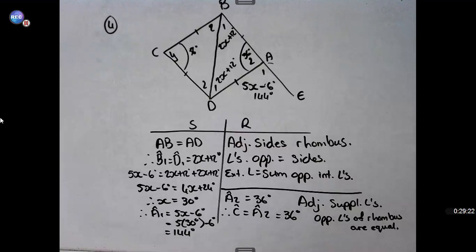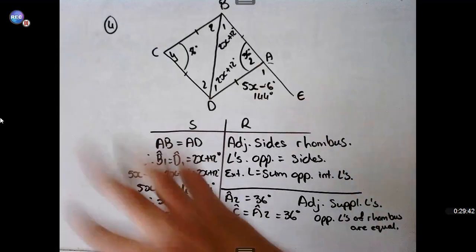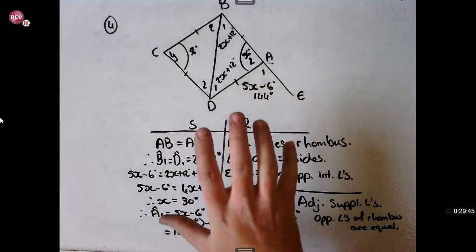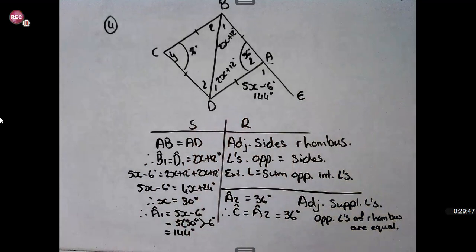You need to consider parallel lines, which are your co-interior, corresponding, and alternate angles, as well as the properties of triangles, property 1 and 2, the sum of the interior angles and the exterior angles. You need all of those tools to solve a question like this in your exams or homework, or whatever you are busy with.